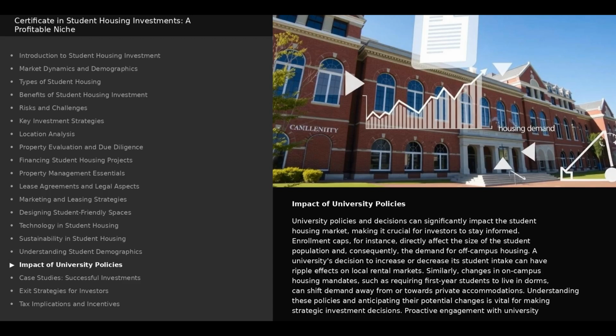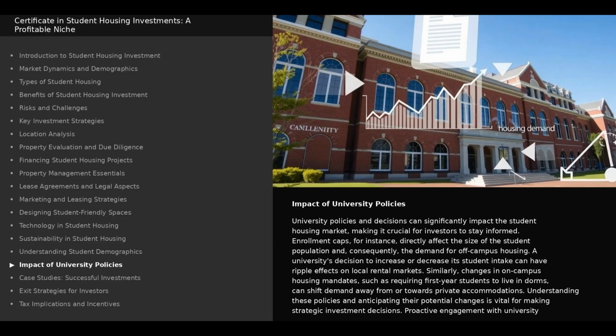Impact of university policies. University policies and decisions can significantly impact the student housing market, making it crucial for investors to stay informed. Enrollment caps, for instance, directly affect the size of the student population and, consequently, the demand for off-campus housing. A university's decision to increase or decrease its student intake can have ripple effects on local rental markets.